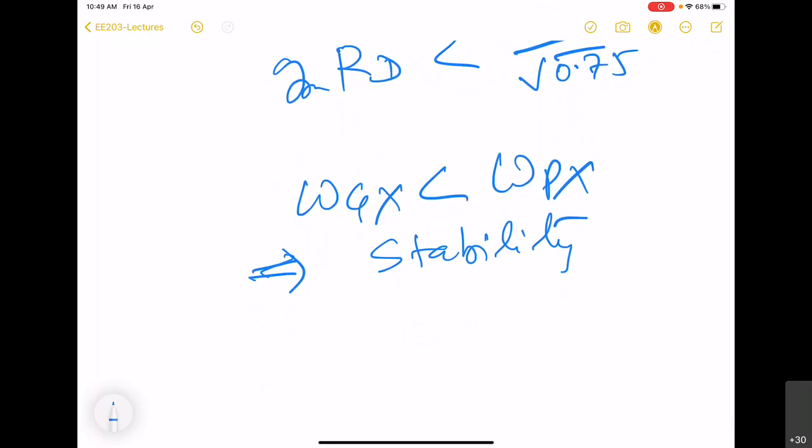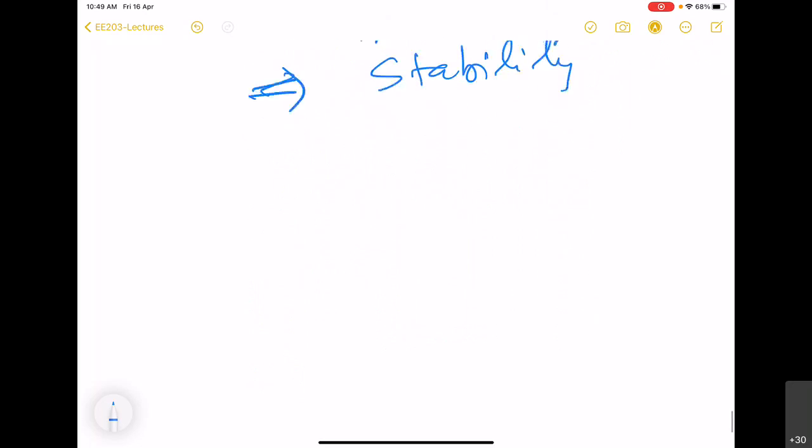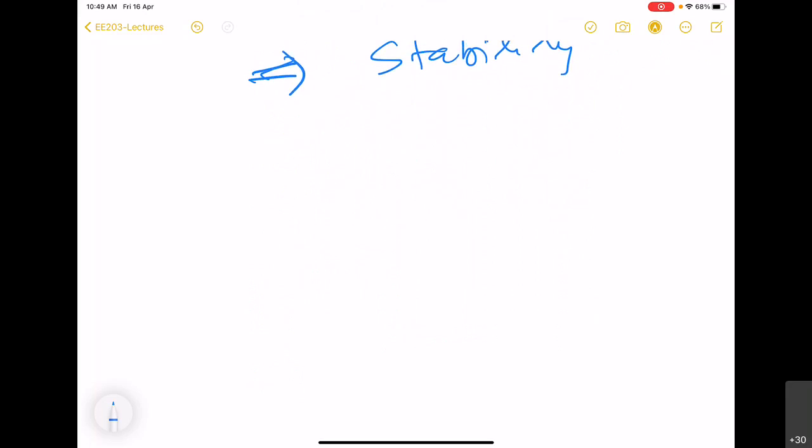So we can have two systems where both are satisfying this condition, and we would like to know which one will be better. Say for example, we have a feedback system like this.